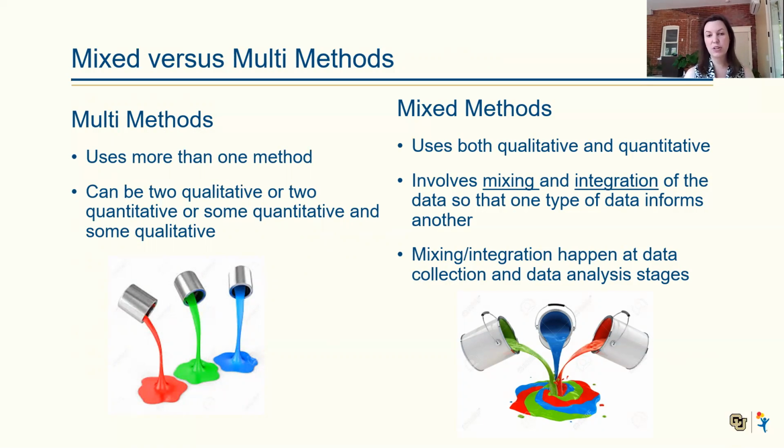The mixing and integration can happen at 2 stages, either the data collection and or the data analysis stage. So again, it's really important that in mixed methods, you're integrating both of them. If you have a very savvy reviewer, they will ding you if you are proposing a mixed methods study design and you are not describing this integration process.